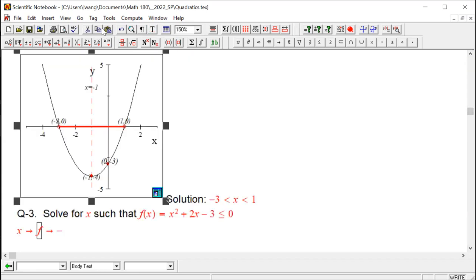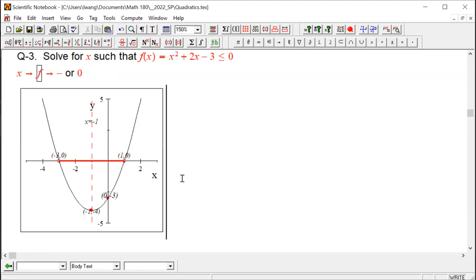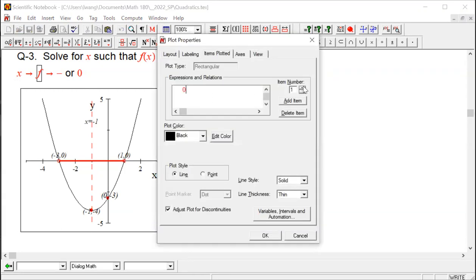What does that mean? It can be equal to 0. So negative or 0. So in that picture, the solution is almost the same, but it will be dots.